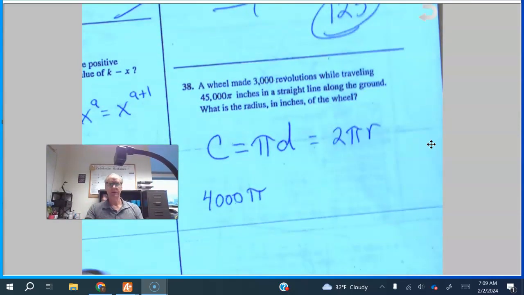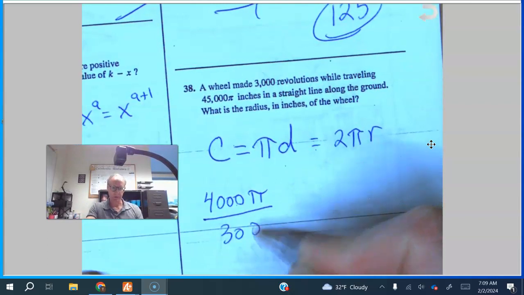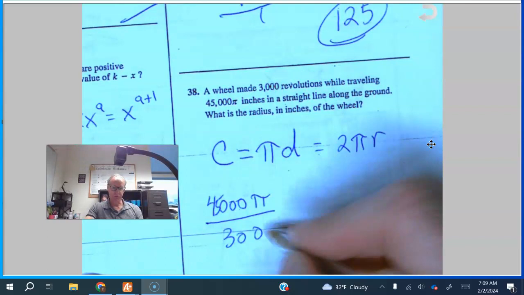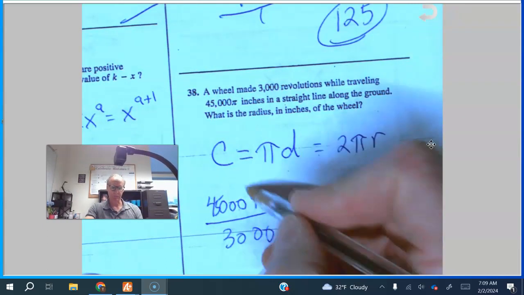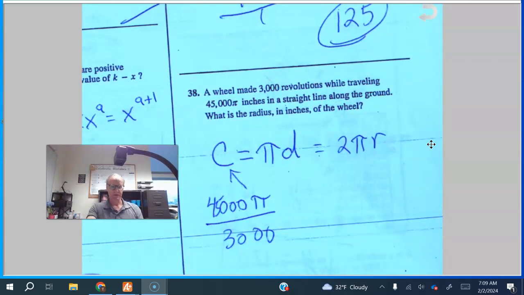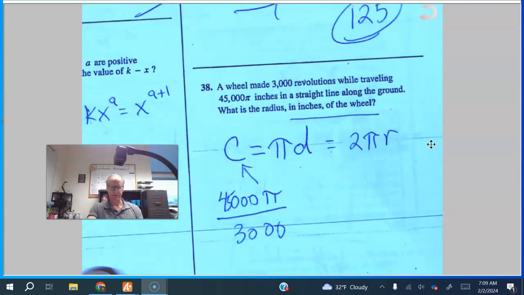One revolution would be 1/3,000th of this. Oh, sorry, 45,000 I said. 45,000 over 3,000. That's going to give you your circumference. And once you have that, you'll be able to find your radius, in inches, of the wheel. And I'll set it up the rest of the way.